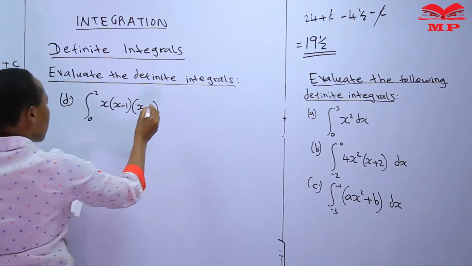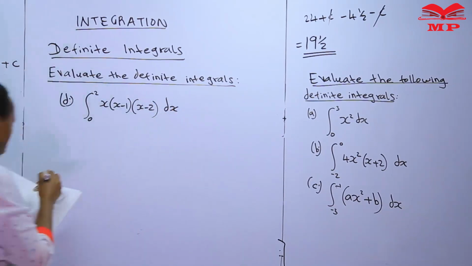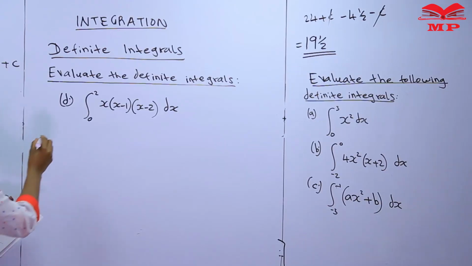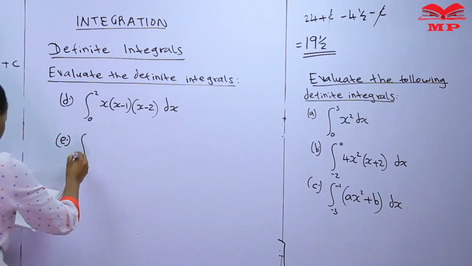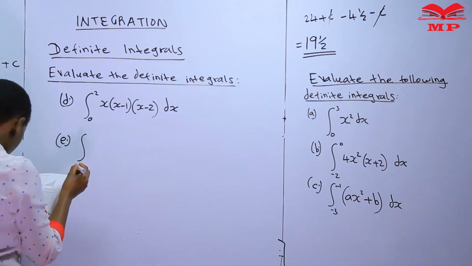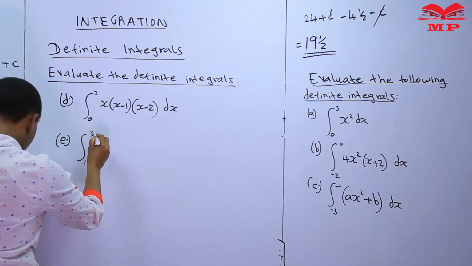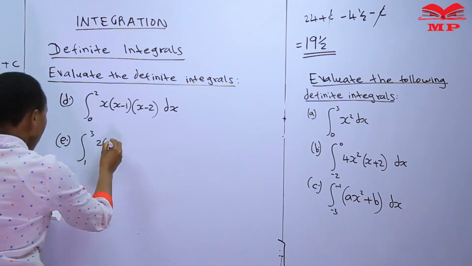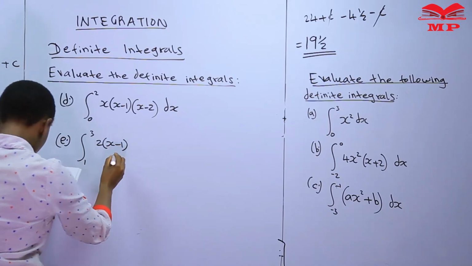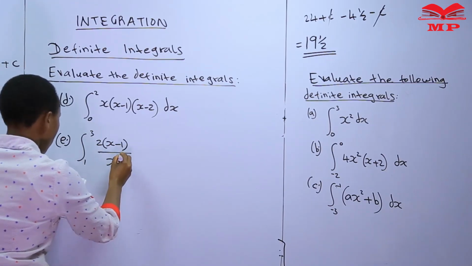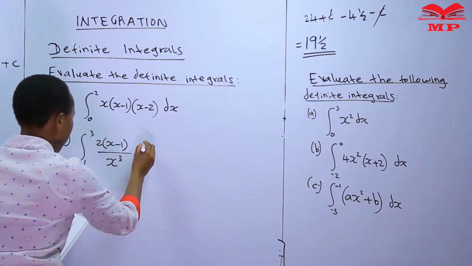So you need to solve that first before you integrate. And finally, number E, it's from 1 to 3, and you have 2x minus 1 divided by x cubed dx.